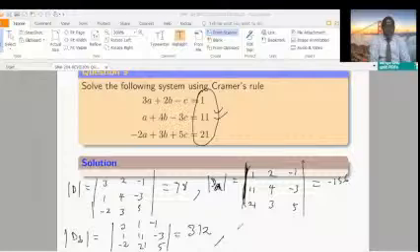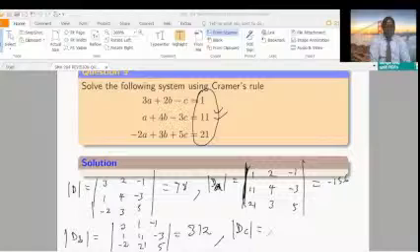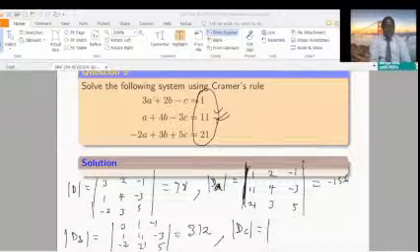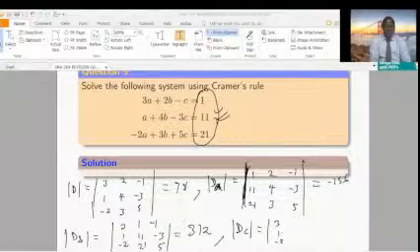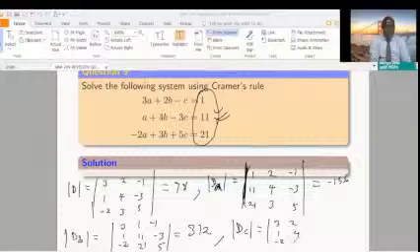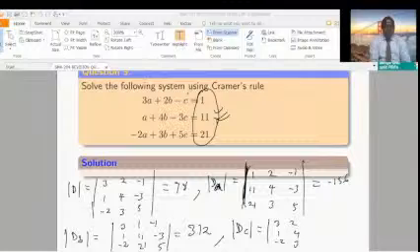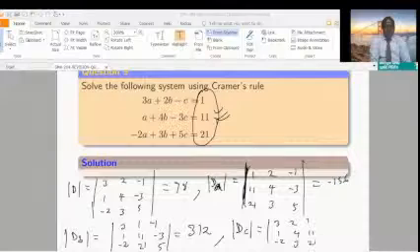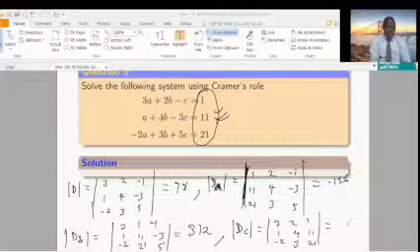Next, let's find the determinant of dC. So it's this column of C that we are replacing with 1, 11, 21, but the rest remain. So 3, 1, negative 2 remains, and 2, 4, 3 remains. When you do this, you find this determinant to be 78.